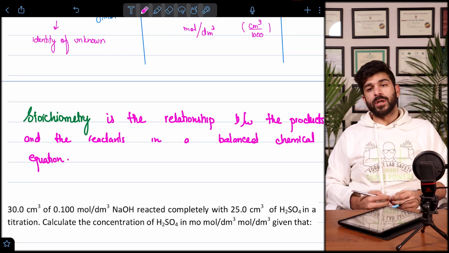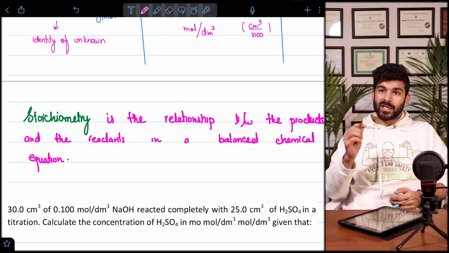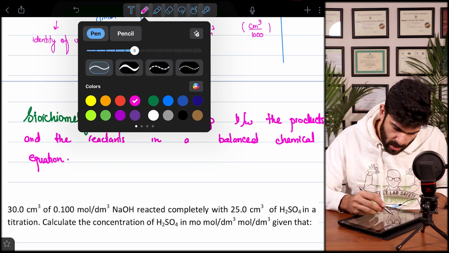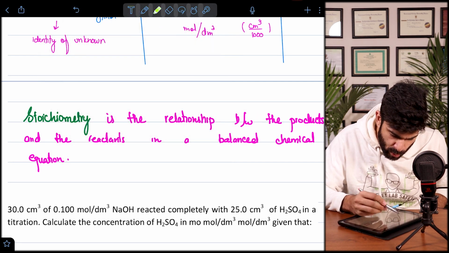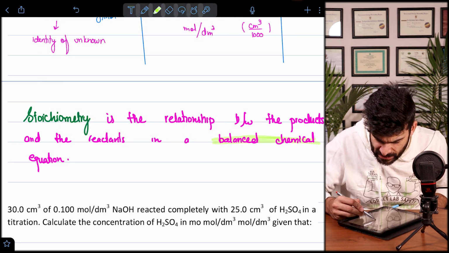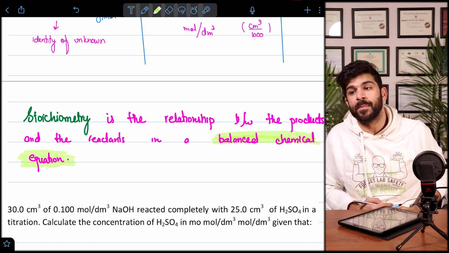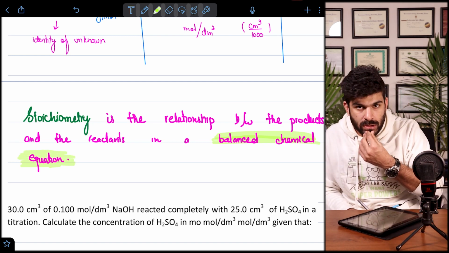Now, the most important thing regarding this definition is the balanced chemical equation. Our answer would be wrong if we do not have a rightly balanced chemical equation, because only then will you be able to do stoichiometric calculations.